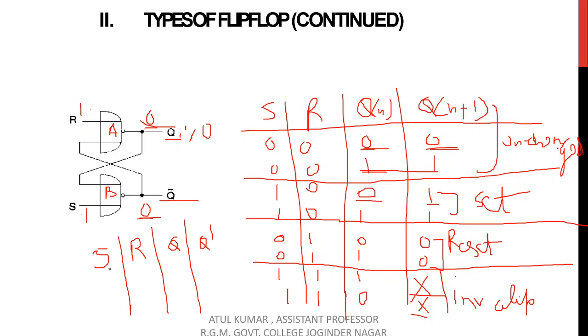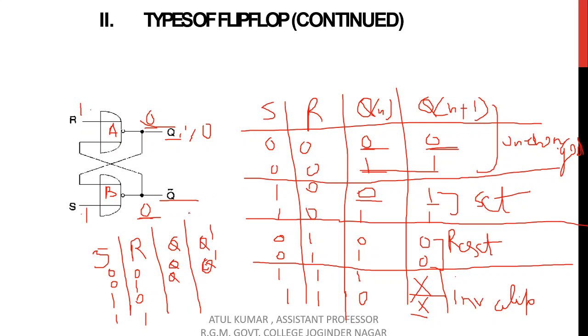Suppose S and R have the four input values 00, 01, 10 and 11. When S and R are both 0, this means the state remains unchanged. So here Q and Q dash, whatever the state, remain the same.